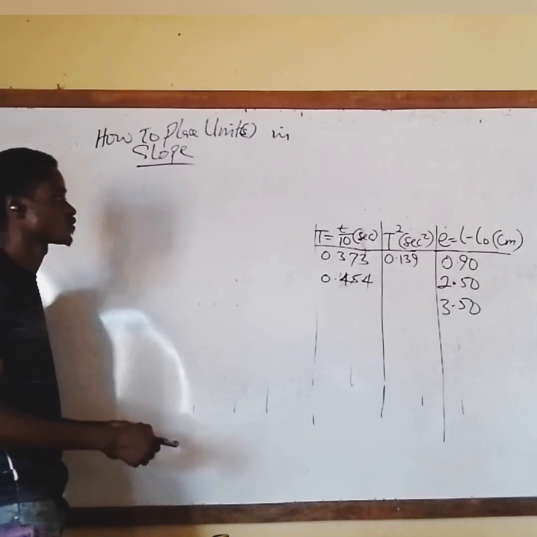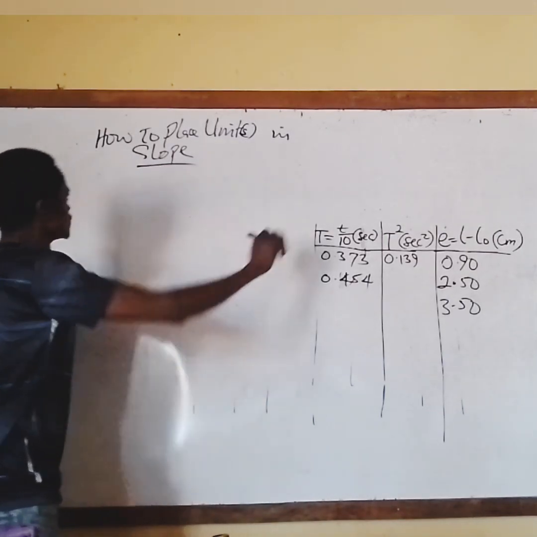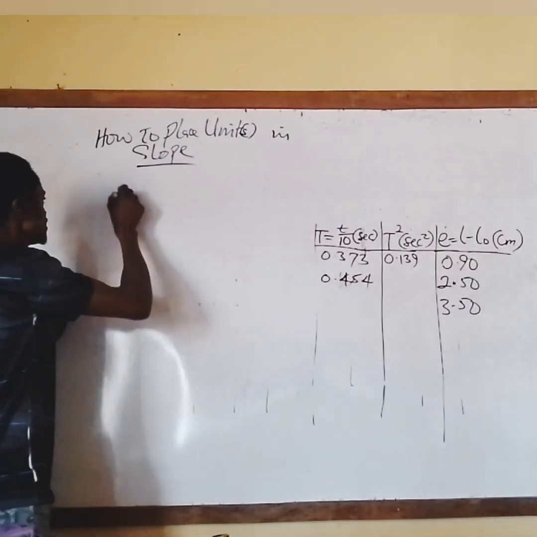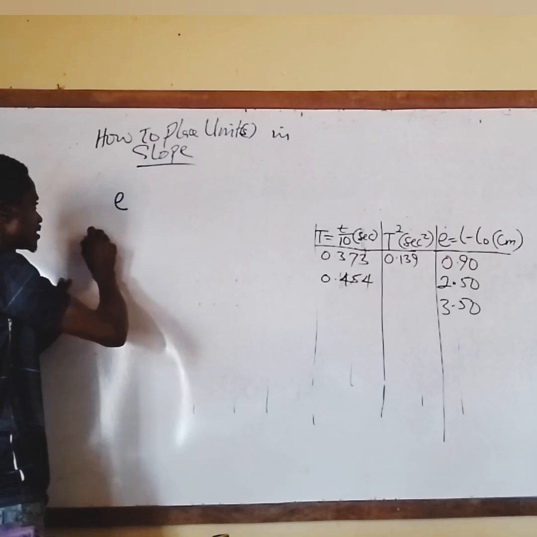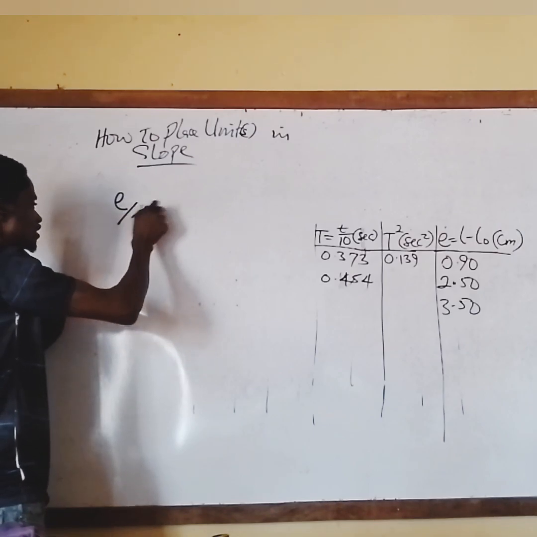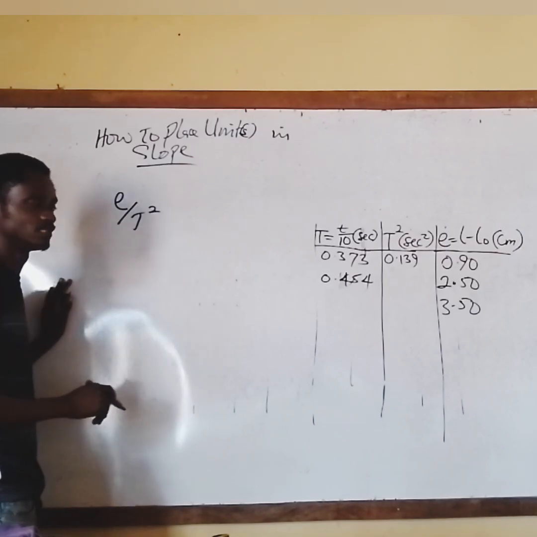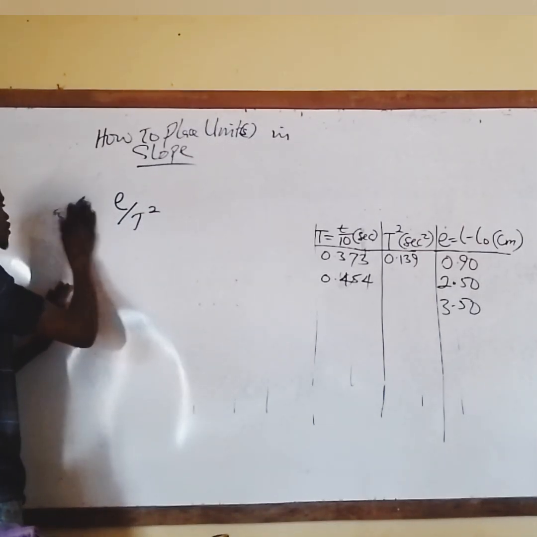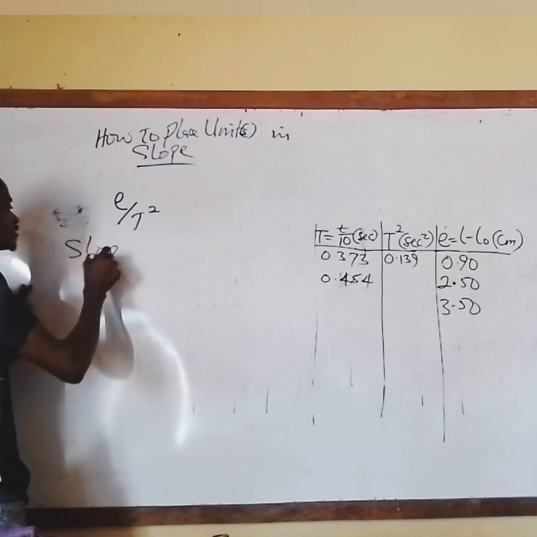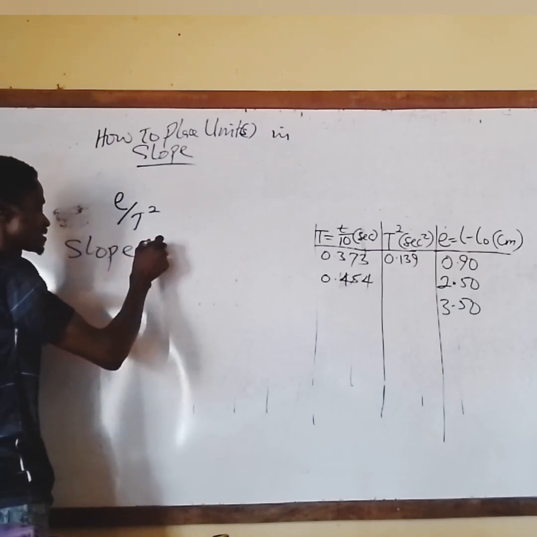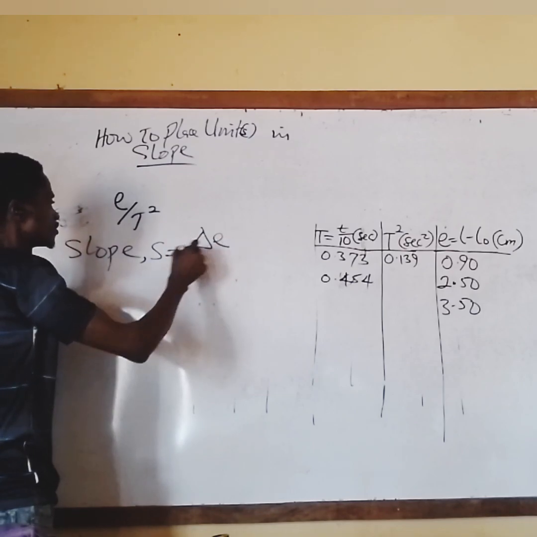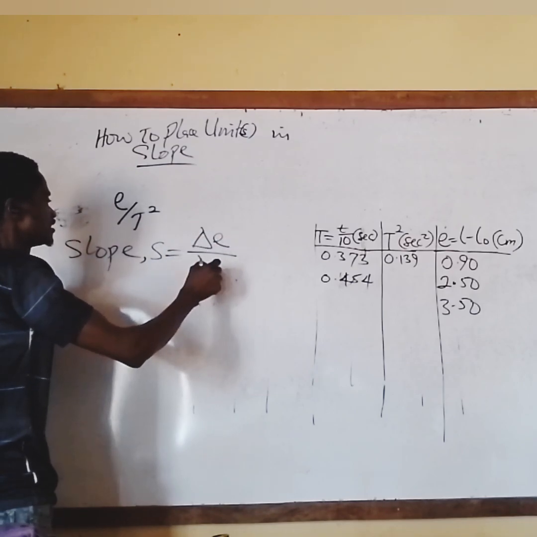Like this question 1, if we are to plot a graph of E, which is extension, against T squared, remember that our slope normally will look like this: S equals change in E over change in T squared.